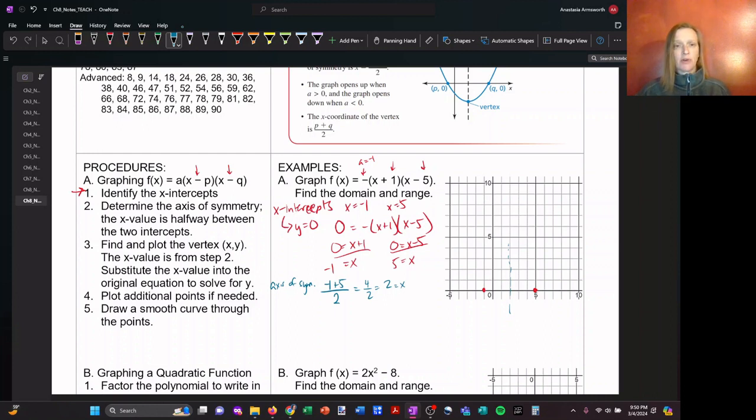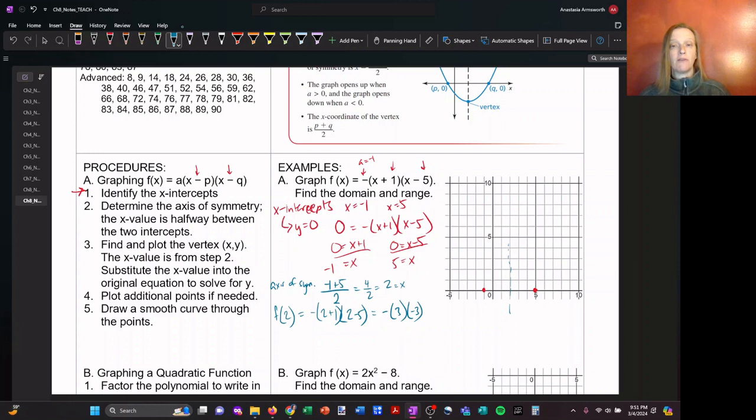I know where my axis of symmetry is, but I want to know where the vertex is. So I'm going to take that input value of 2, and I'm going to plug that value into my intercept form of the equation to solve for y, to find out what the y coordinate is here. 2 plus 1 is 3, and 2 minus 5 is negative 3.